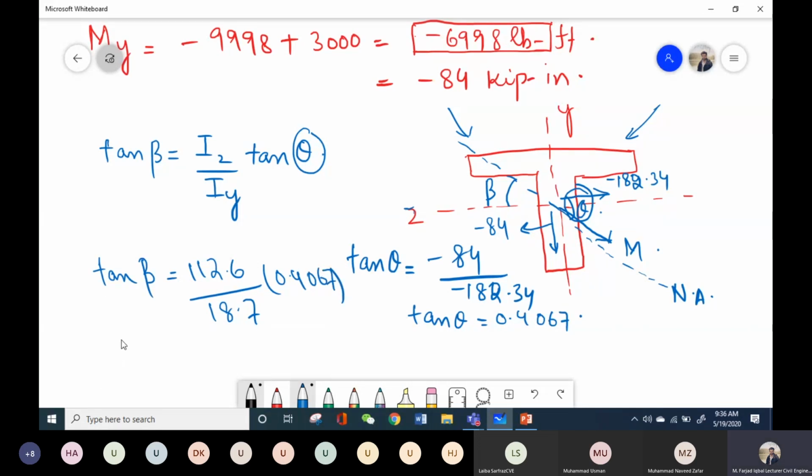So this tan beta, or can anyone give me this value of beta? 67.78. Are you sure about that? Yes, because I have this answer. It's 70.17. Yeah, 70.2 degrees.